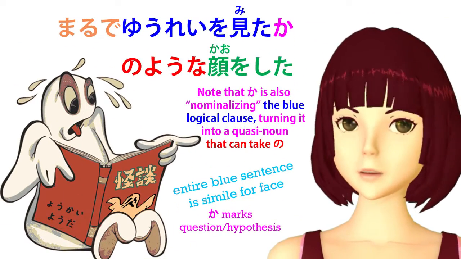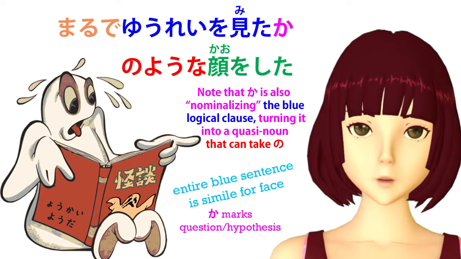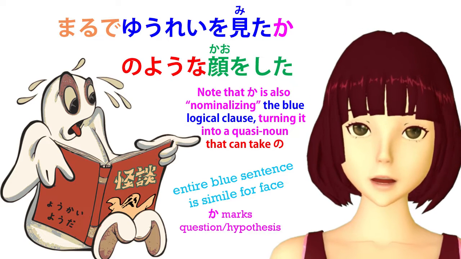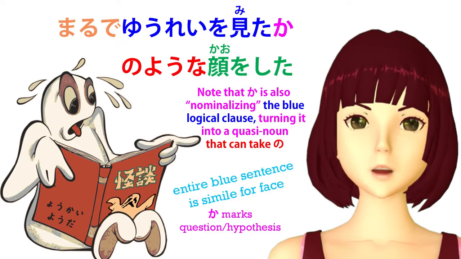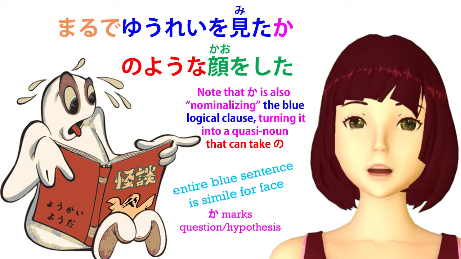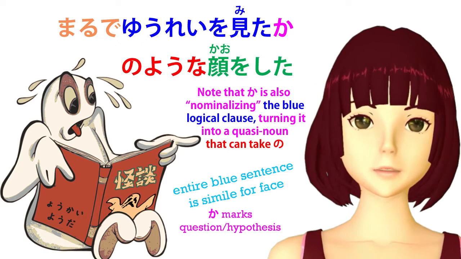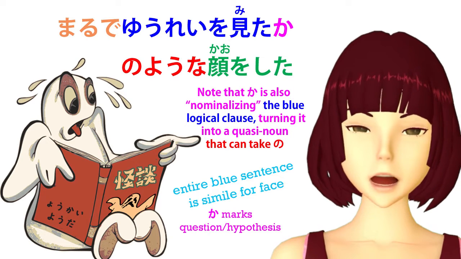Now, from this proposition-making quality and questioning quality of ka, we get expressions such as one which we discussed in a previous video, "marude yūrei o mita ka no yōna kao." Now, that means a face as if one had seen a ghost. So what's the ka doing here? It's doing the same thing as before.